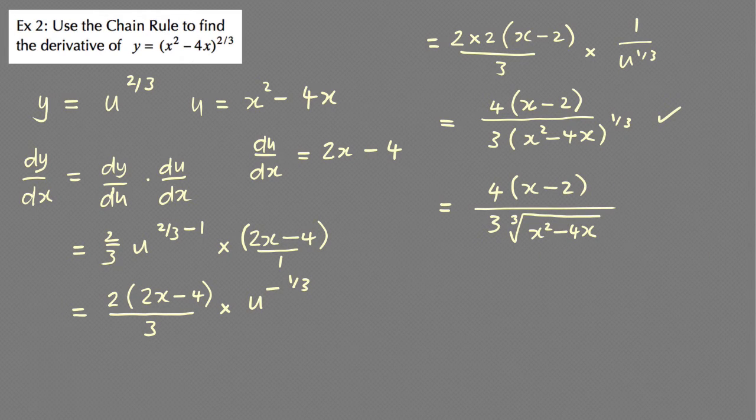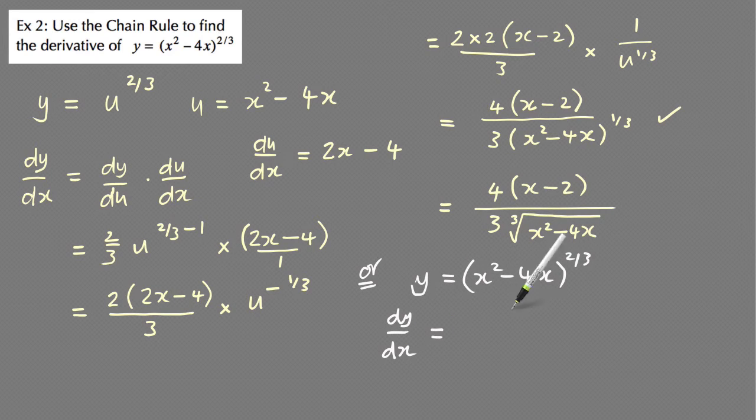And again, the quick way of doing this, to the 2/3: dy/dx is equal to, bring down the power 2/3, and then (x squared minus 4x) to the 2/3 minus 1, and then you times by the derivative of what's in here, which is 2x minus 4.